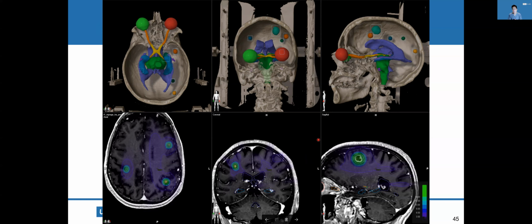Now, whole brain radiation isn't great because we know that if you radiate the whole brain, there are significant neurocognitive deficits that can start happening at 4 to 6 months following the radiation due to the radiation delivered to the hippocampi or the memory structures within the brain.